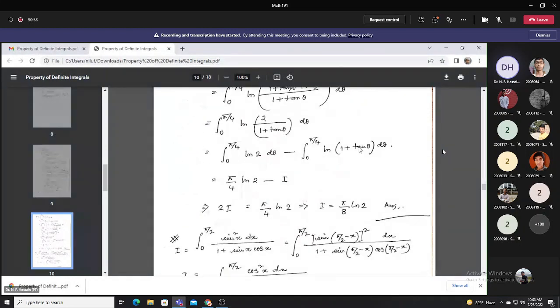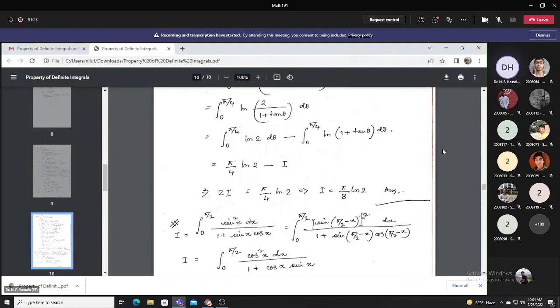So this is nothing but I, so let us take it to the left side. So 2I equal to pi by 4 ln 2. So the value of I will be pi by 8 into ln of 2. So you see how easily the result is coming, just using the property of definite integral. I means this, 0 to pi by 4 ln of 1 plus tan theta. The value is pi by 8 ln of 2.